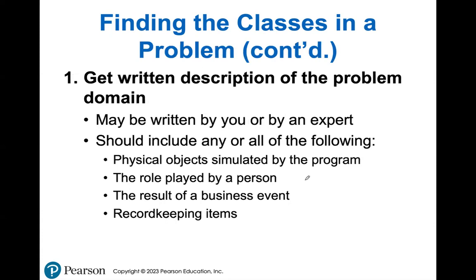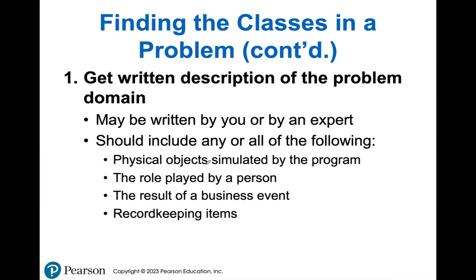Now, let's look into each one of those steps a little bit more. The written description of the problem domain, you can either do it yourself or somebody else will do it for you. Or maybe, whenever you go and work somewhere else, there's a whole group of people that's going to be working just on writing those descriptions of the problem domain for you.